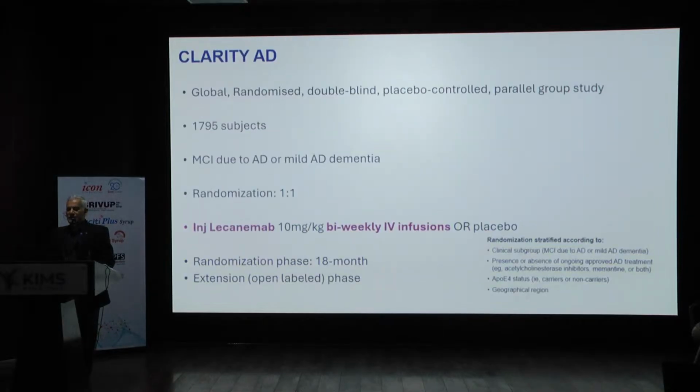So the Clarity AD included almost 1,800 subjects with MCI due to AD and mild AD, randomized to lecanemab 10 milligram per kg biweekly. So every month the patient needs to take 2 infusions, and it was a double-blind placebo-controlled study, so a placebo arm was also there.